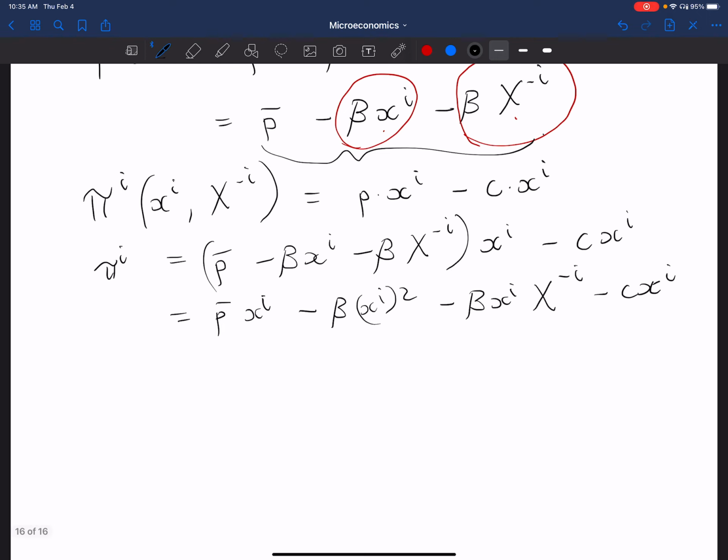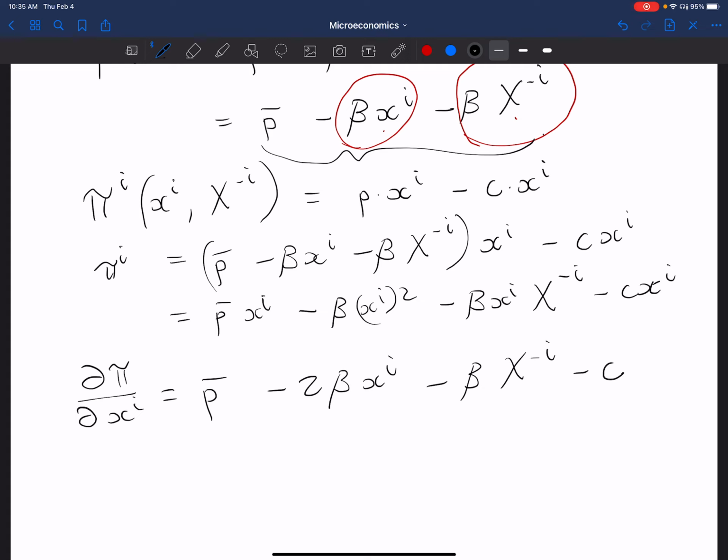Then what do we want to do? We want to differentiate this partially with respect to x super I, because we want to find the maximum profit for firm I. That gives us P bar minus 2 beta xi minus beta X minus I minus c.